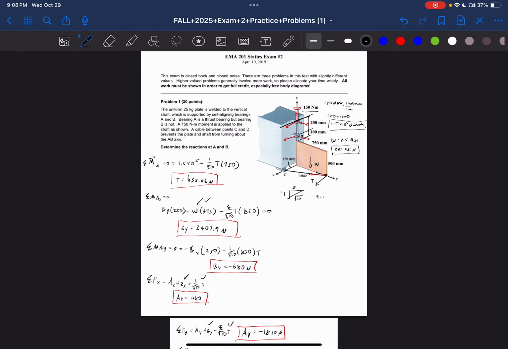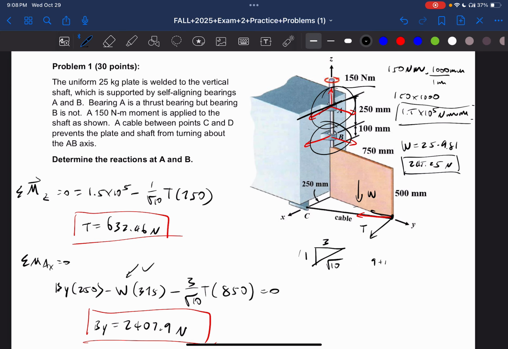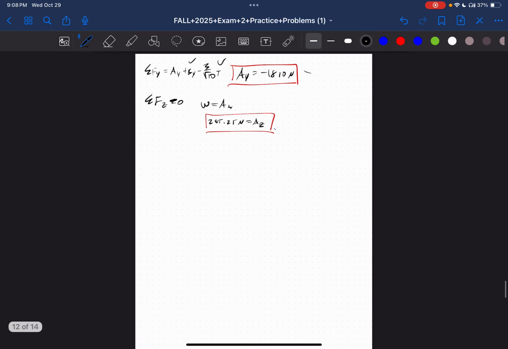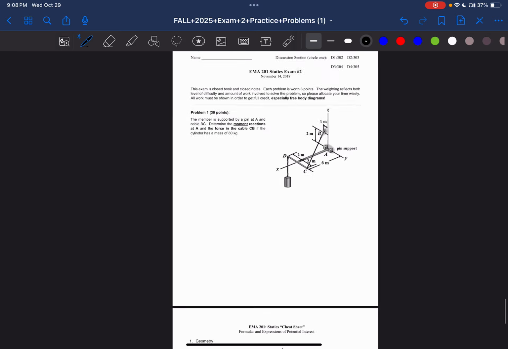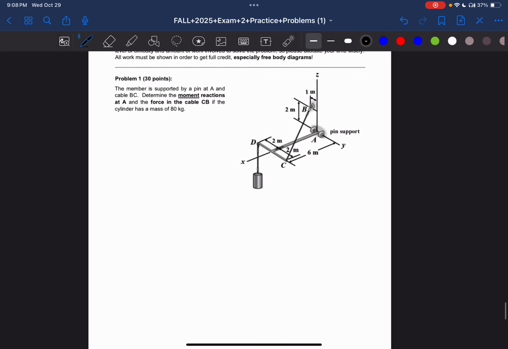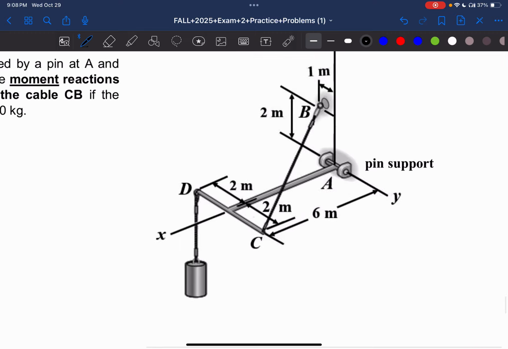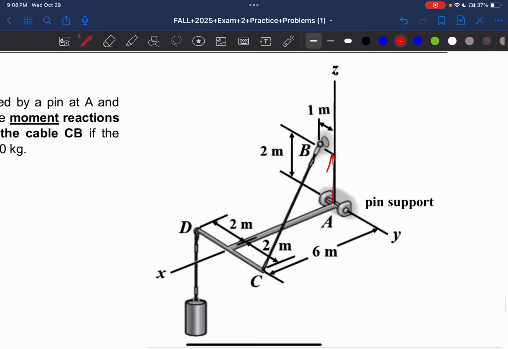Determine the reactions at A and B. Okay, so we're going to have 3 here and 2 here, so it's going to be 5 total. Ay, 1, 2, 3, 4, 5. Okay, yep, that's good. Free body diagram, I'm not going to draw it because I don't feel like it. This direction, this direction, this direction.